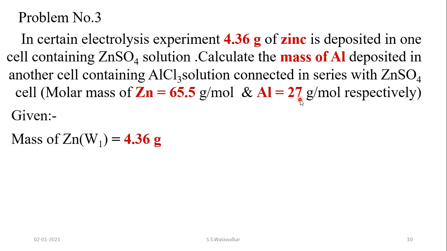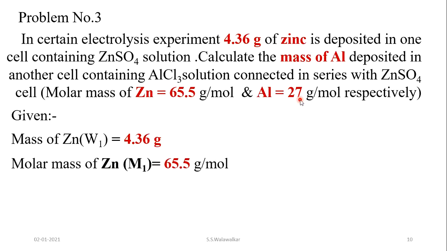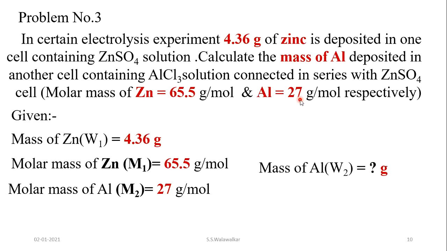What is given? Mass of zinc, W1, is given 4.36 gram. Molar mass, that is M1, is given 65.5. Molar mass of another substance is also given, that is M2 is given 27 gram, and you have to calculate the mass of aluminium, that is W2, in this numerical problem.